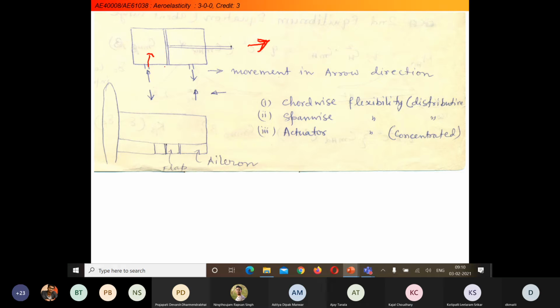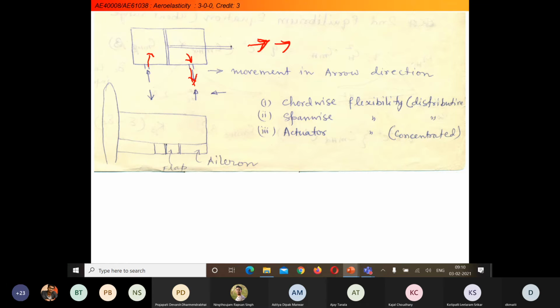Due to that pressure, this piston will move in the rightward direction. When it is moving in, the pressure is created here, and the flow will go out from the other side of the cylinder through this orifice or the hydraulic connection. So then we'll have the upward direction of the control surface deflection.